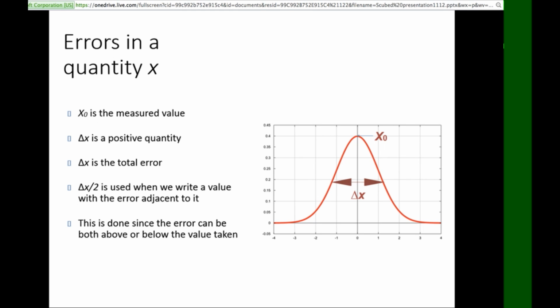In this case, we would mean that our error delta x is symmetrically divided before x naught and after x naught. Half of it is before x naught, therefore the plus delta x on 2, and the other half is after x naught, therefore minus delta x on 2. But the plus and minus should always be used when you have x naught in front. Otherwise, the error is delta x and it's written as a positive quantity.